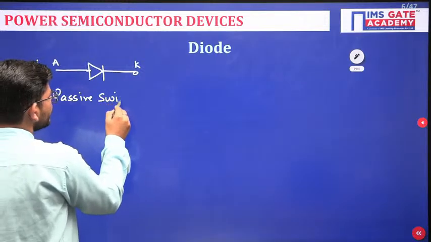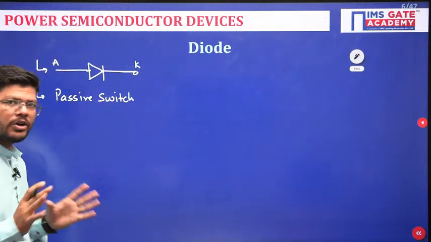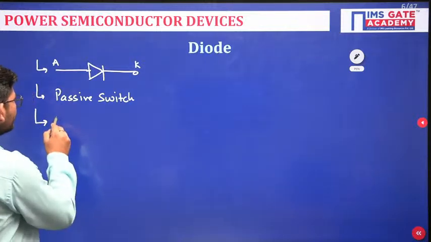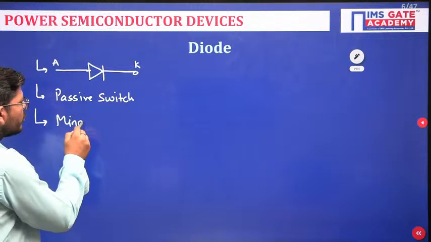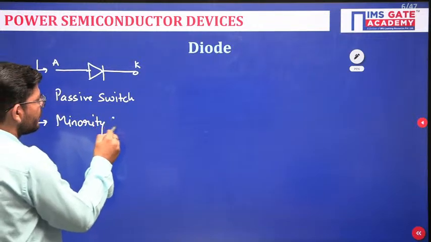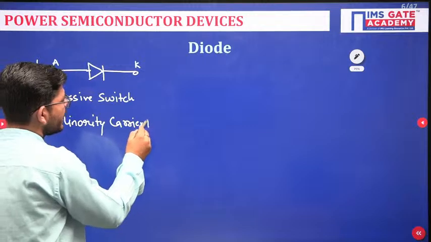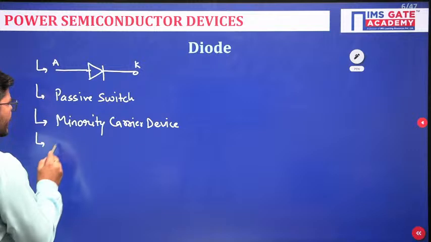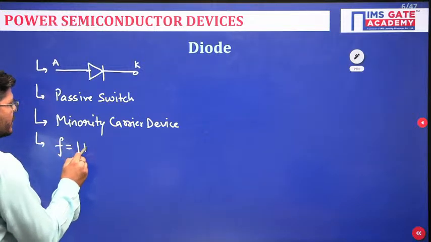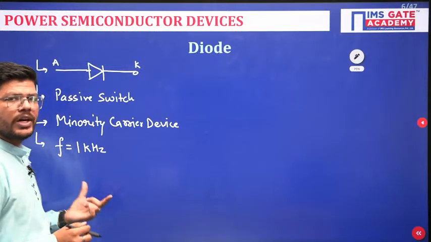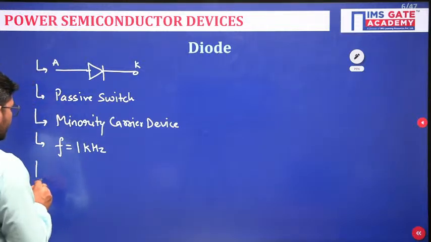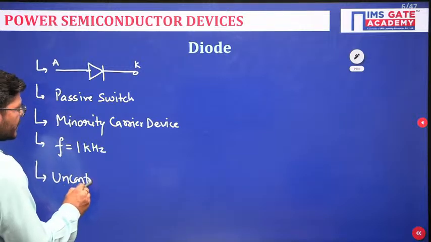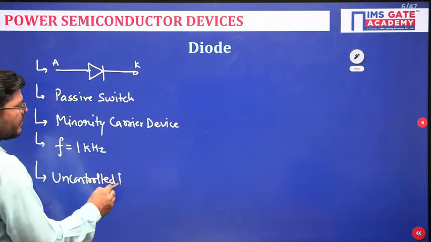Diode is a passive switch, and not only that, diode is also a minority carrier device because both types of charge carriers participate. And since it is a minority carrier device, its frequency will be very low. So up to 1 kilohertz switching frequency you can use a diode. And it is an uncontrolled device because it is a passive switch.